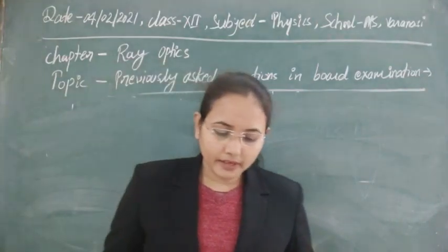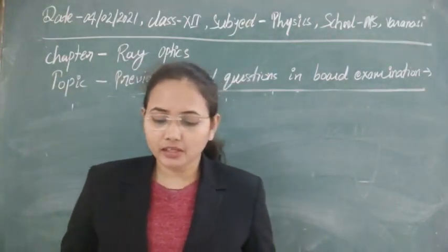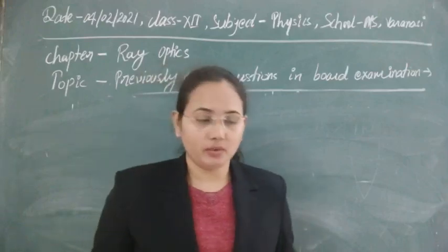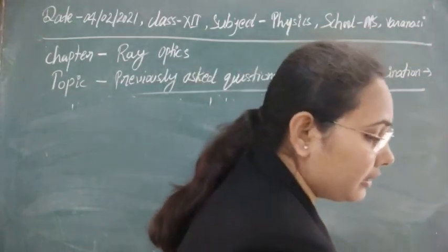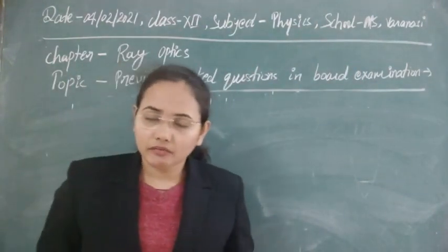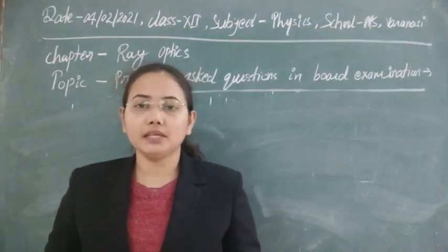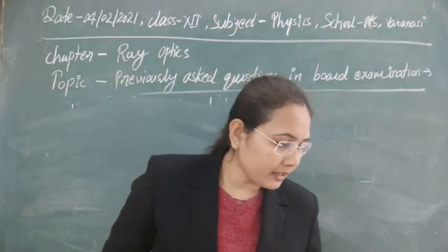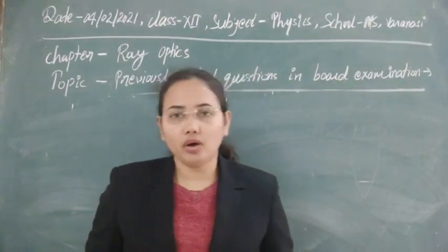With the help of ray diagrams, how is a concave mirror used to obtain an erect and magnified image of an object? In this case we have to find the condition when we are getting an erect and magnified image of the object.